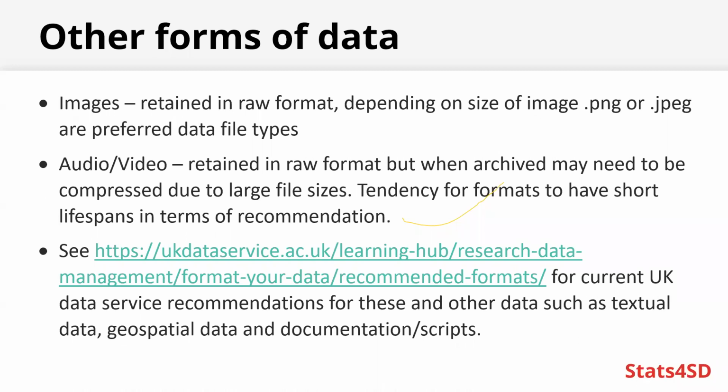With images, photos, etc., these are often retained in their raw formats, so how they were developed is how they're saved. Although depending on the size of an image, standard data formats like PNG or JPEG are the most common ways you're going to find an image file stored, that's the preferred data file type, essentially.